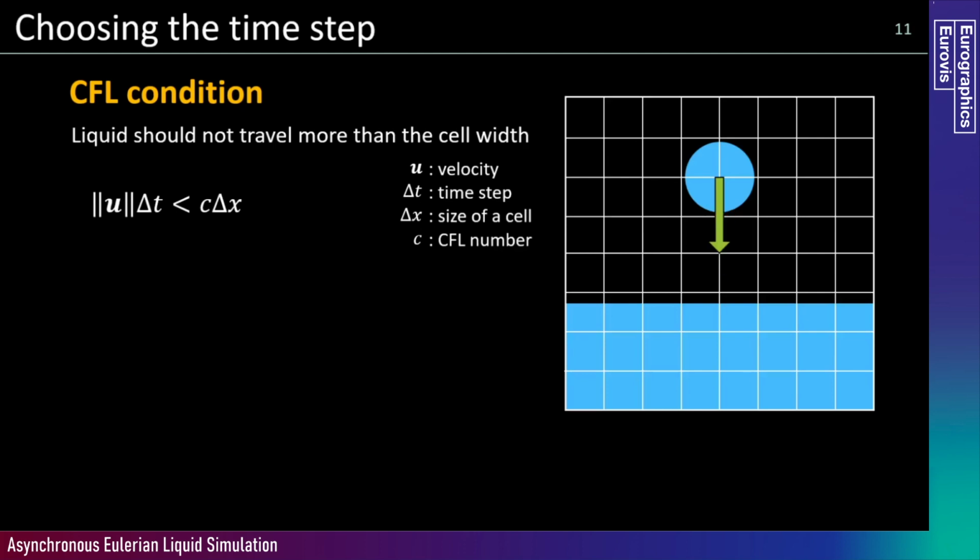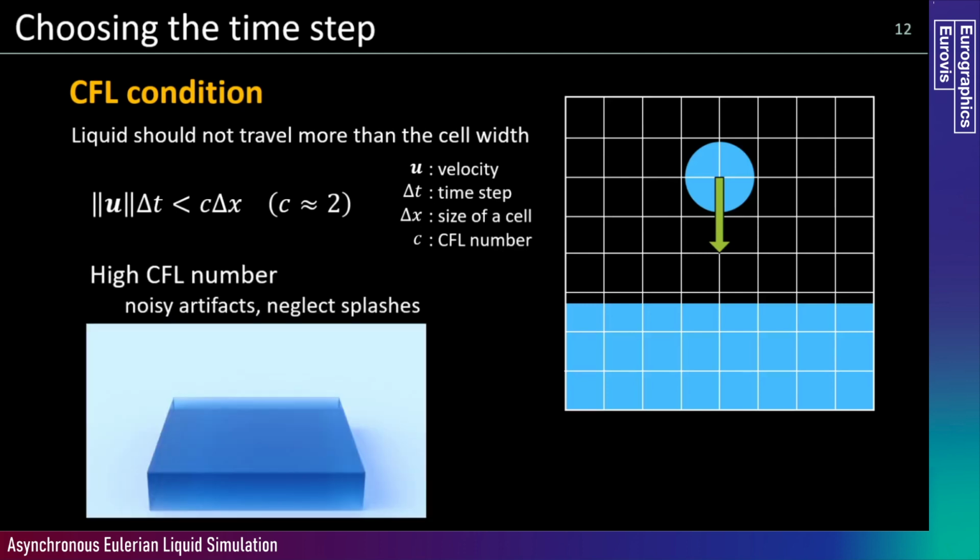In computer graphics, we use a right-hand side coefficient C of around 2. It is good from the perspective of the balance of visual quality and computing efficiency. Hereafter, we call C the CFL number. If the CFL number is large, some details are neglected as we just mentioned. Moreover, the simulation suffers from noisy artifacts as this video shows.